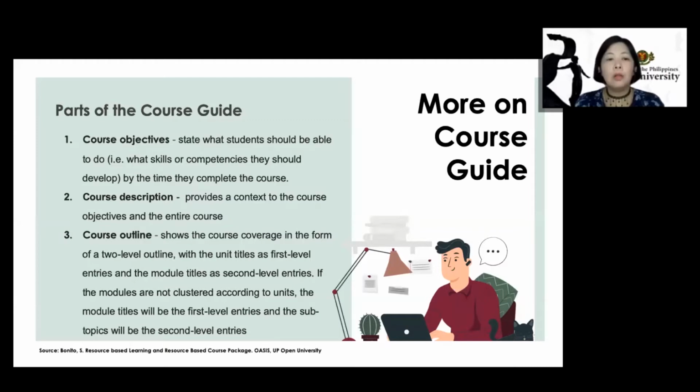They are now outcome-based, and you are actually using the CHED CMO for your respective programs. A course objective states what students should be able to do, such as what skills or competencies they should develop by the time they complete the course. So course objectives must be clearly written in your course guide.